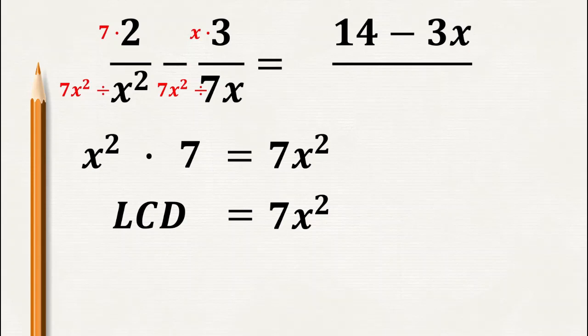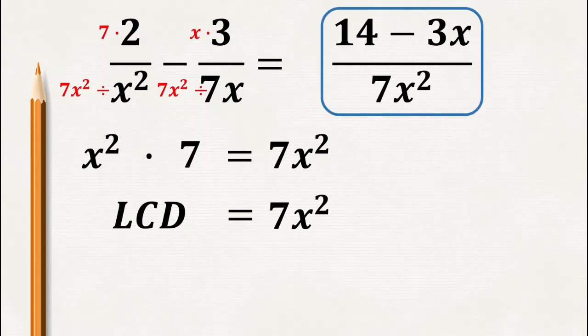Do not forget to check the sign of the second numerator. And then copy our LCD, that is 7x squared. Do not forget to check if we can still have the lowest term of our answer. Therefore, our answer is 14 minus 3x all over 7x squared. Or, you can have negative 3x plus 14 all over 7x squared if you are going to follow the standard form.